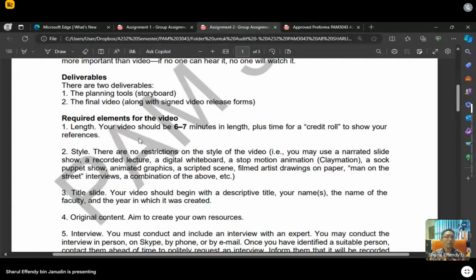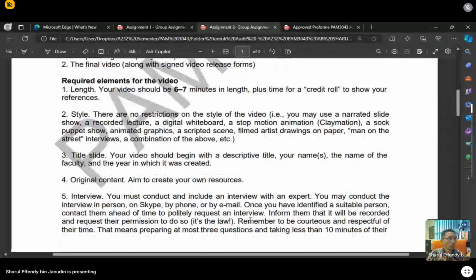As for the content itself, the title of the video should be written clearly at the beginning, plus your group members, as well as the photo of your group members.